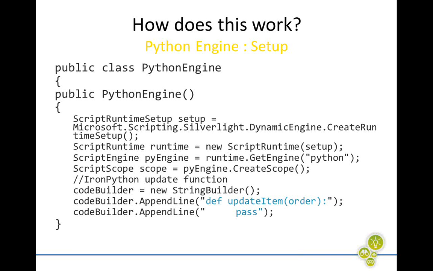What that means is that this is a Python function where pass in Python is like do nothing. So I create the body of a Python function, and I am right now doing nothing in that function. Going forward, I will update this string builder to keep adding code within the order object, as we were seeing there.